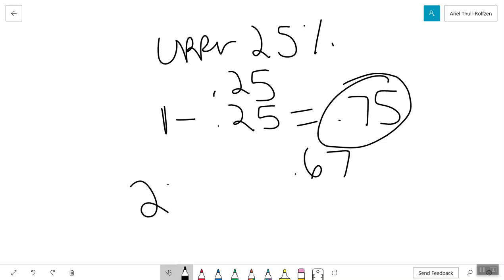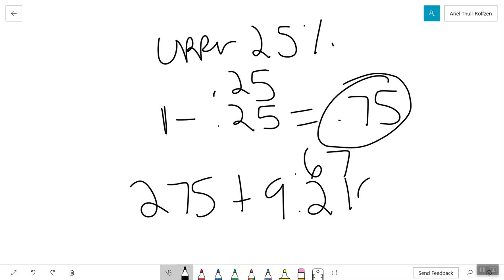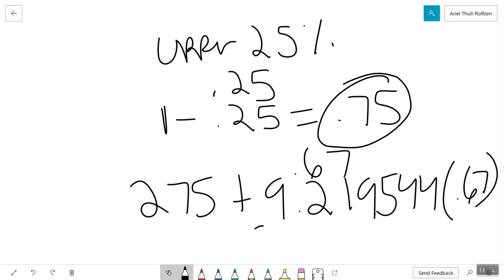We plugged it in, 275 plus our standard deviation, 0.67, and we got that 281.1771.